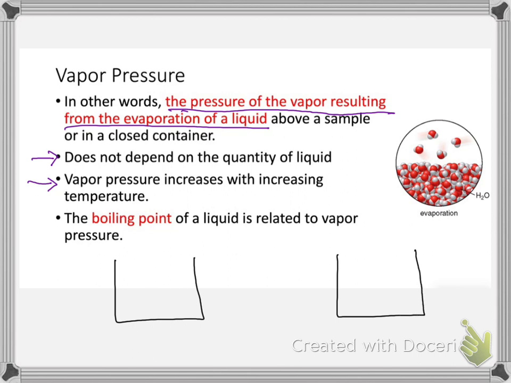And we're going to say, even though I may not draw it this perfect way, that both have the same amount of liquid. It's the same container and the same amount. So this is going to be liquid A. And then over here, I'm going to have liquid B.